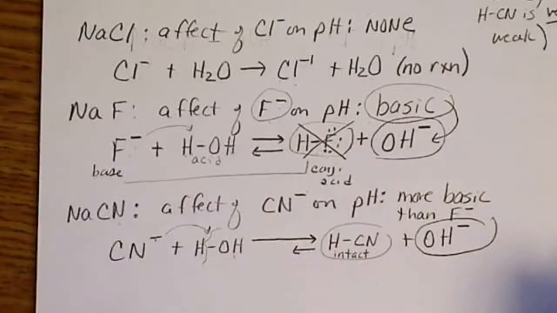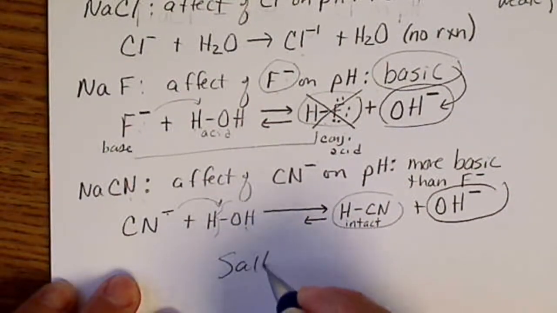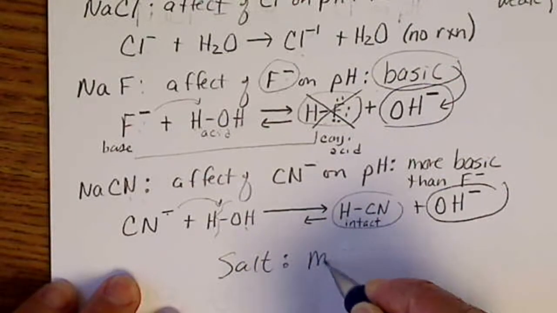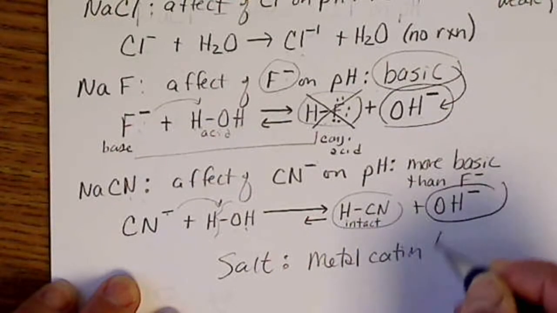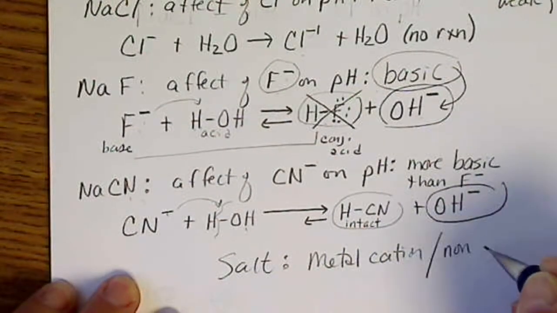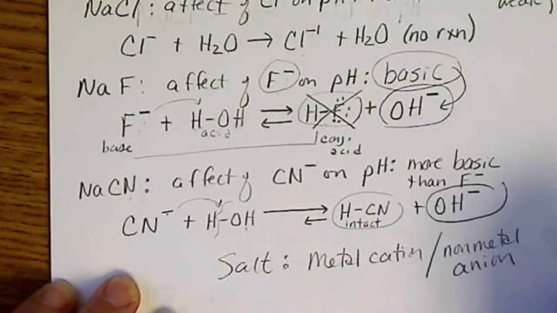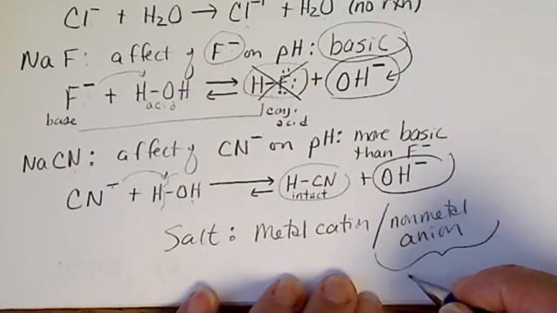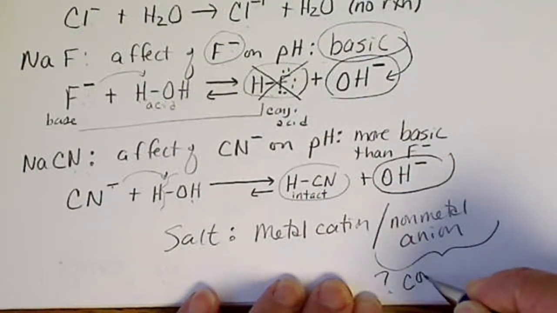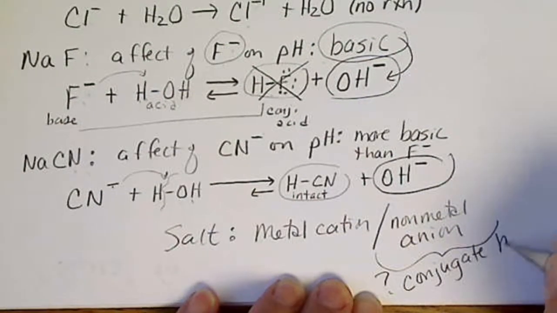So when we're looking at a salt, we have to be very clear on what a salt is. A salt is going to be a metal cation and a nonmetal anion. And when we're analyzing this, for the nonmetal anion, we're going to ask if it's the conjugate base of a strong or a weak acid.